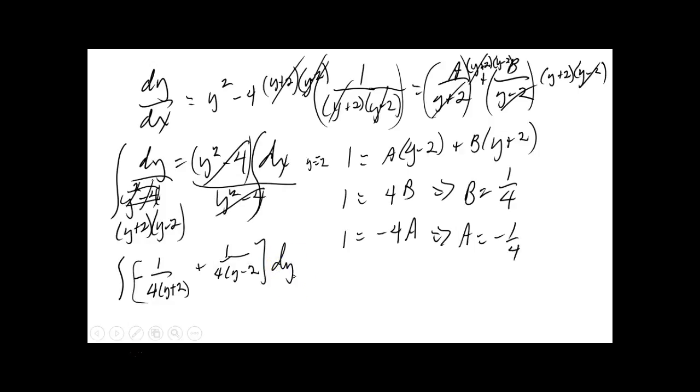Now, I was going to pull the 1/4 out front, and I think I will. No reason messing around with extra fractions we don't have to. And I'm going to rearrange the order. Is that okay? I'll make it 1/4 the integral of 1 over y minus 2 minus 1 over y plus 2 dy.